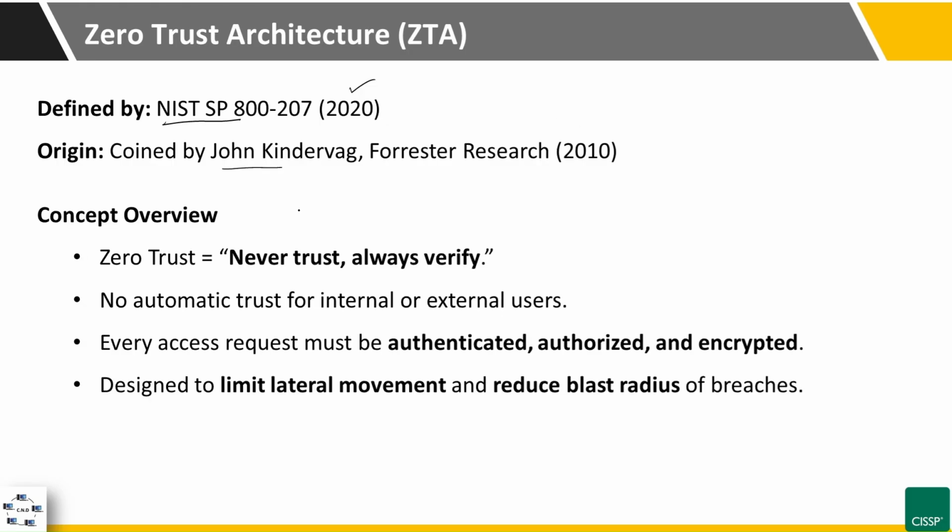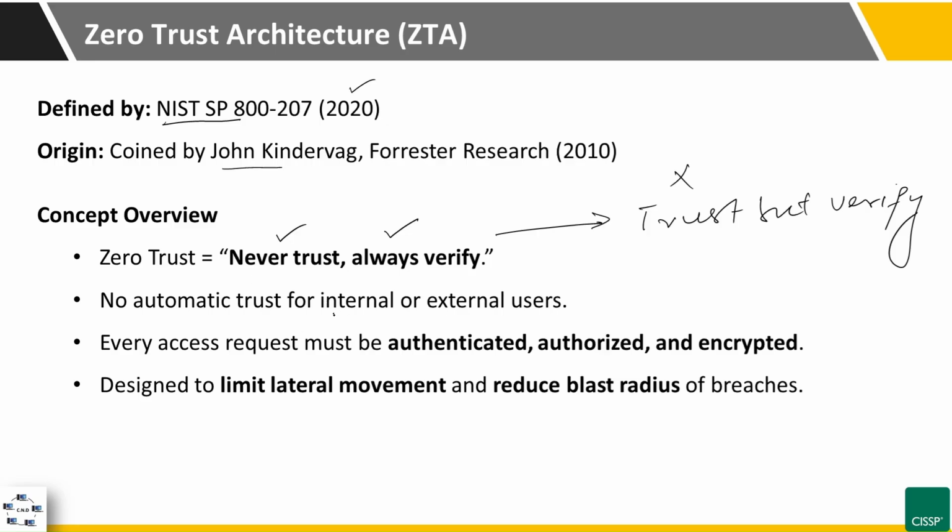So what is ZTA? Zero trust means to never trust and always verify. Traditionally, the slogan was to trust but verify. But in zero trust, we say never trust and always verify.